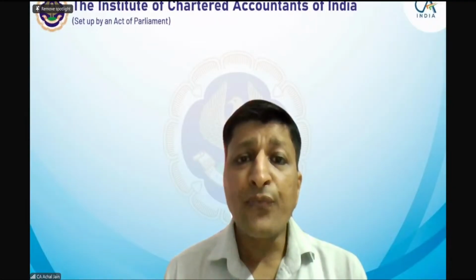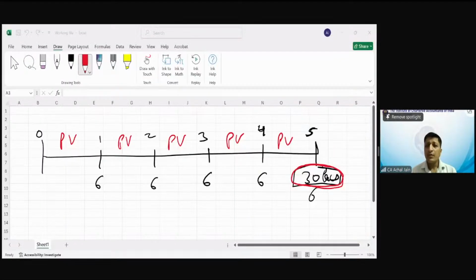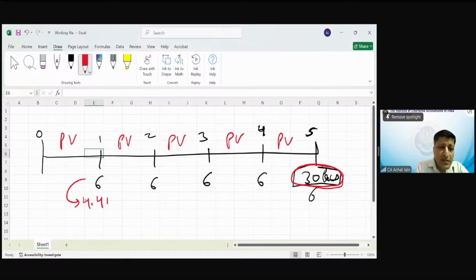See, at the end of first year, what will you do? You will have this discounted amount of 6 lakhs. What's the discounted amount of 6 lakhs at the end of first year? This 6 lakhs which you discounted, what did it become? 4.41 lakhs.